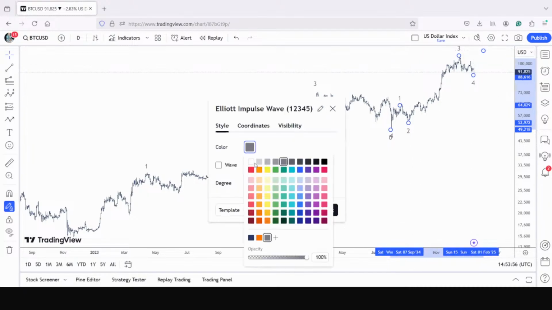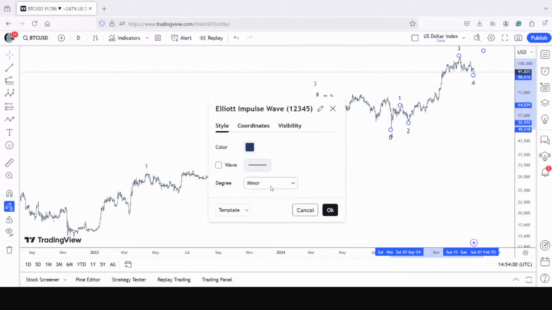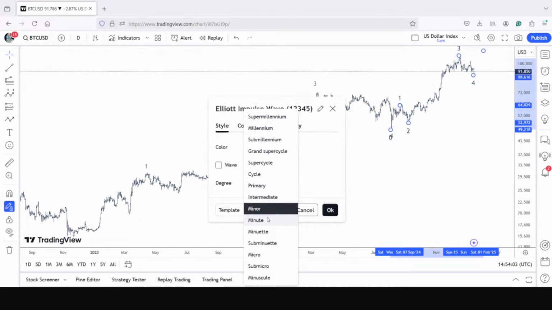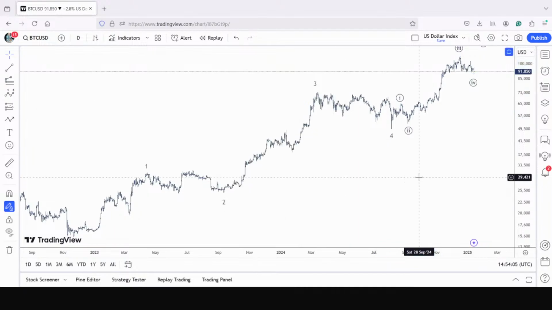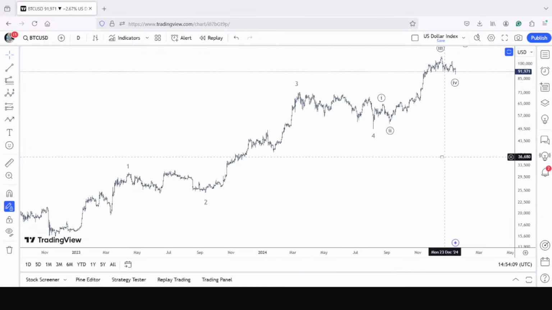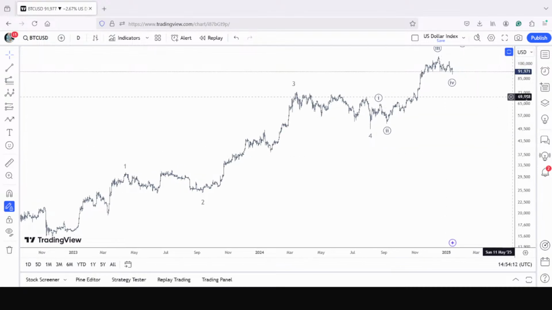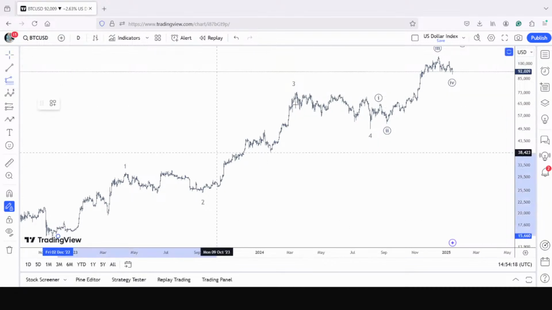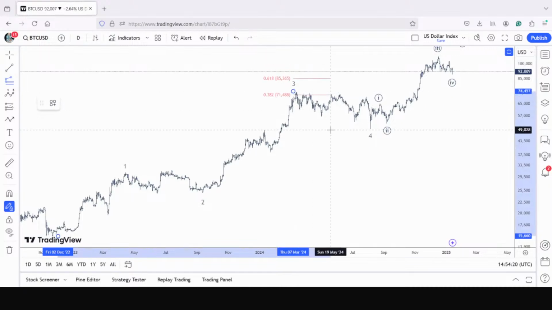As I said, corrective waves are always tricky. Most of the time they're tricky. We've got to be very patient. With this low, there's no need to lose heart or stop believing that Bitcoin may rally one last time.